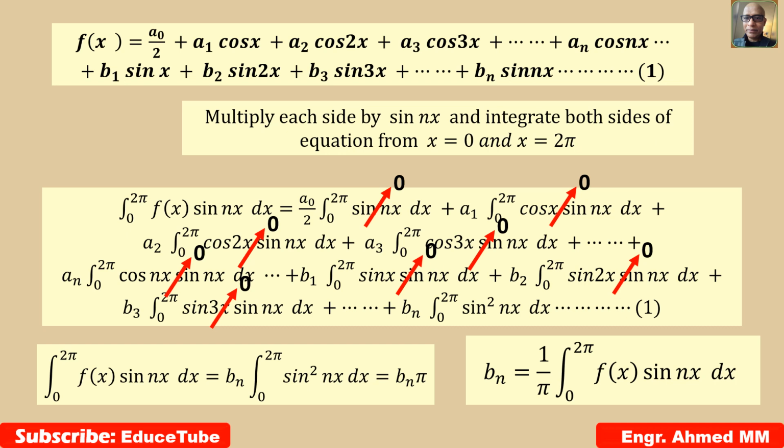Now we found a0, an, bn. So let's see all these terms in the next slide.